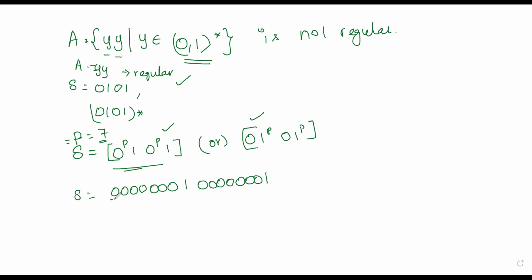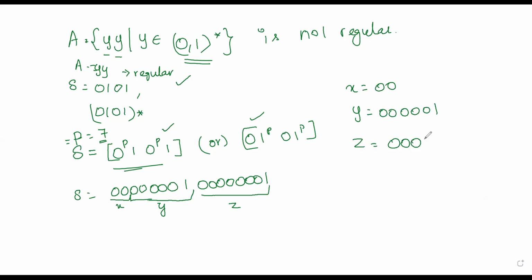I'll take these two terms as x, and these terms till 1 as y, and I can separate this as z. So now x is equal to 0 0, y is equal to 0 0 0 0 0 1, z is equal to 7 zeros followed by 1.